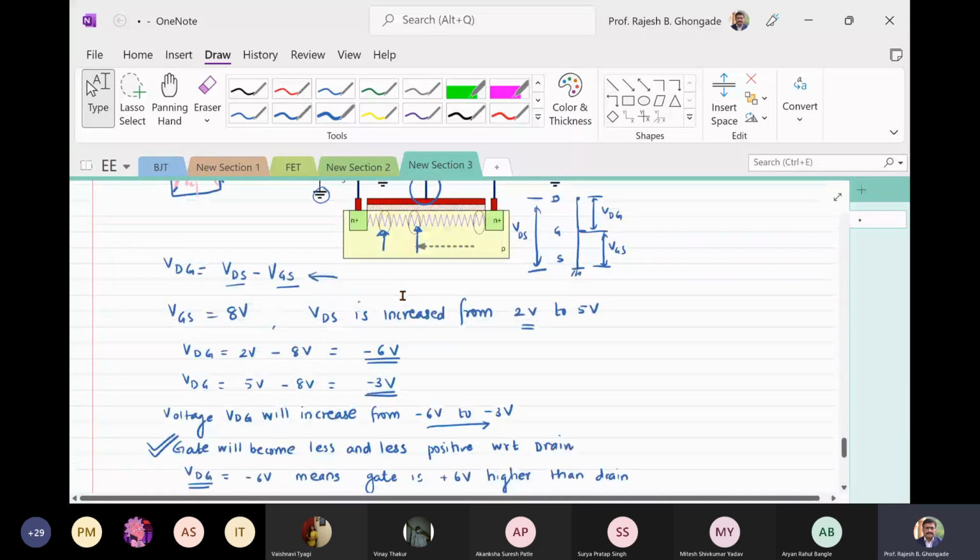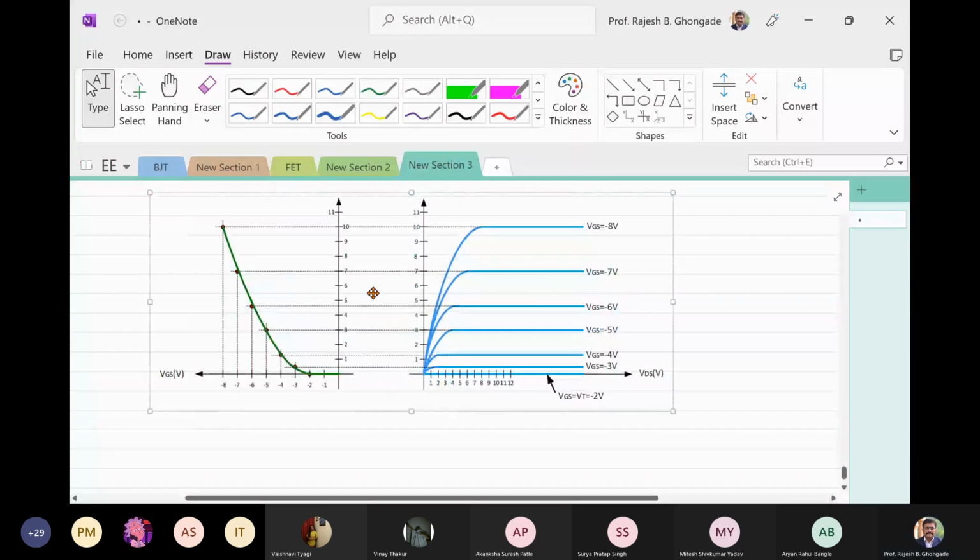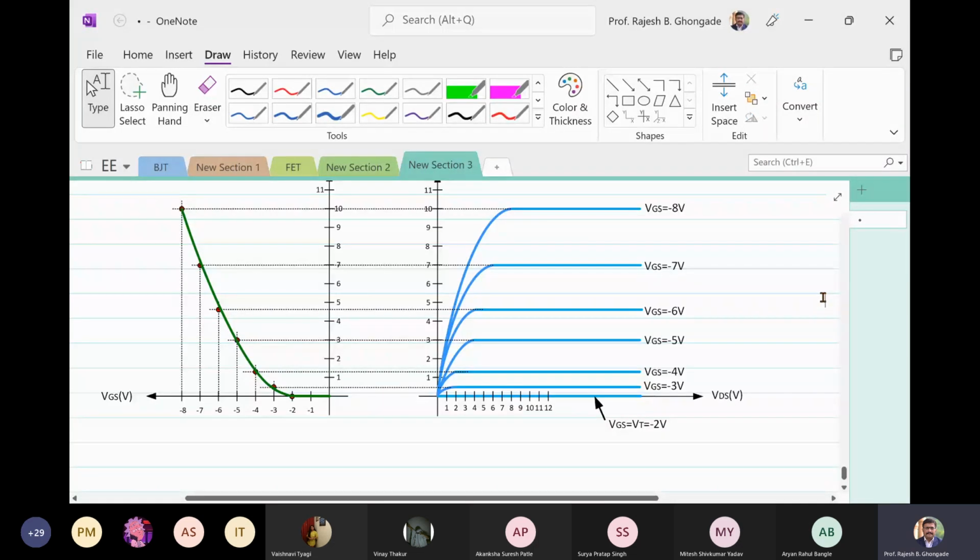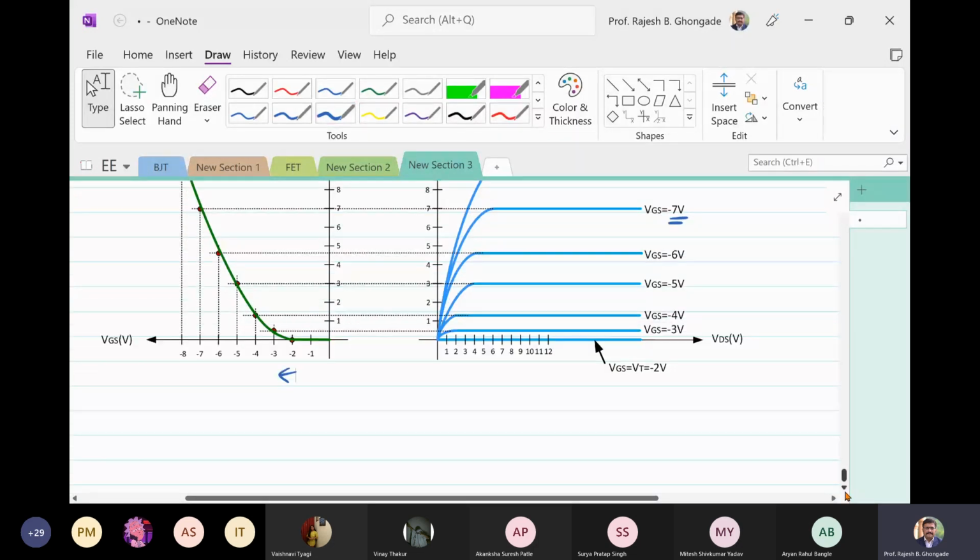See what is the difference? These are all negative values here, and so till your VGS is minus 2 volts, it doesn't conduct. Above that, that is if you go increasing VGS in the negative direction, your drain current will start flowing. So this is your P channel MOSFET characteristics.